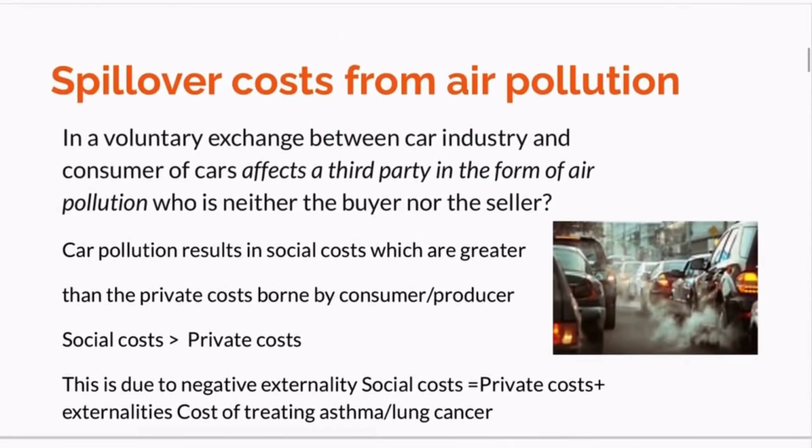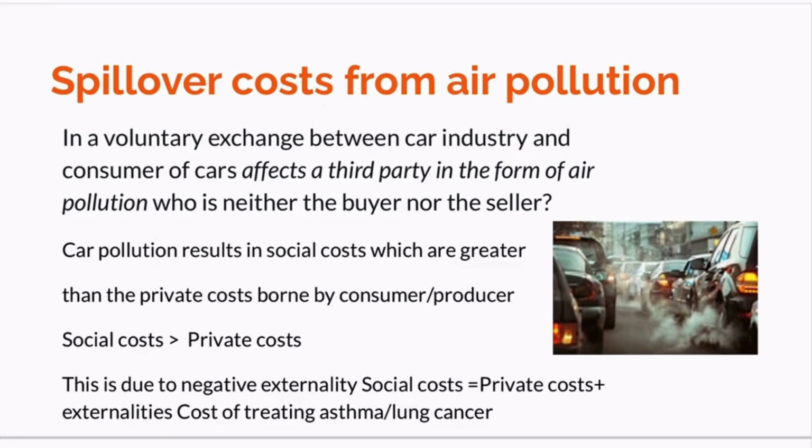For example, again we take the same famous example of air pollution, and we see that there is a market mechanism acting, wherein the car industry would sell the cars to the consumers.